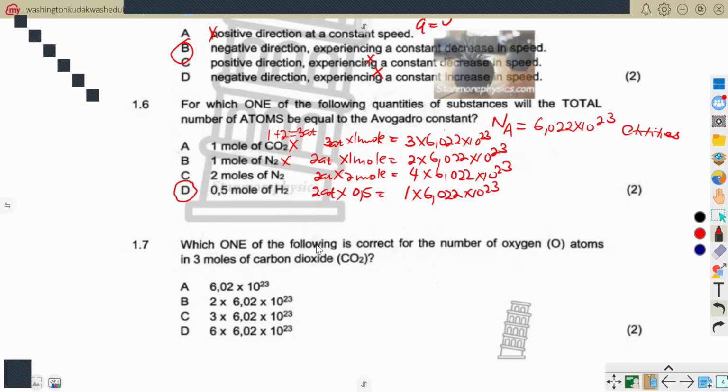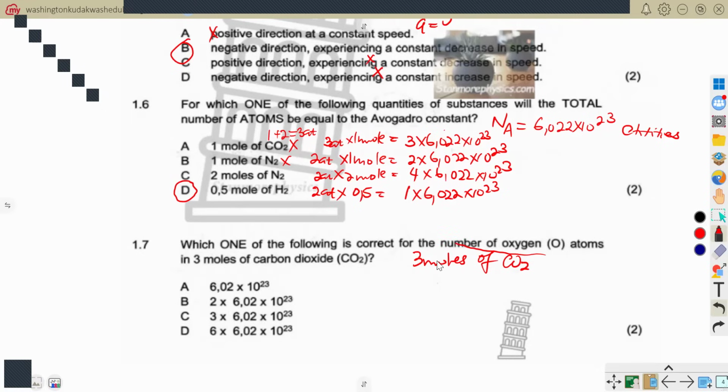Which one of the following is correct for the number of oxygen atoms in 3 moles of carbon dioxide? So we have been given 3 moles of carbon dioxide. And they want the number of oxygen atoms.